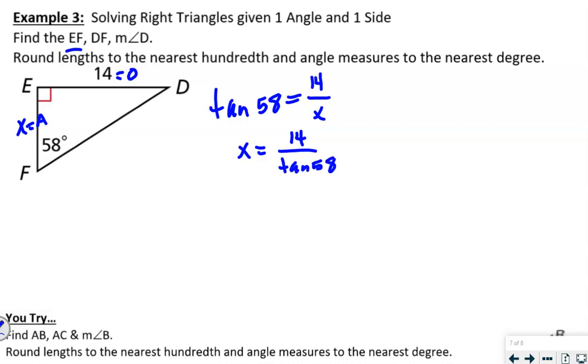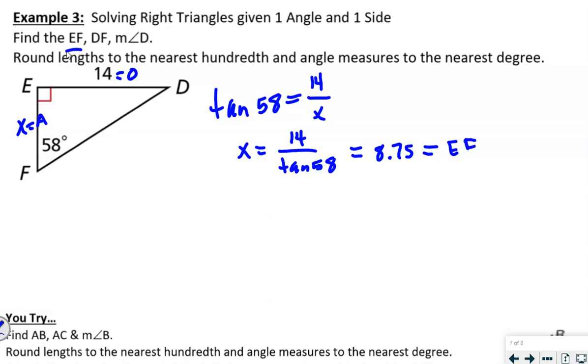You can do that right there in your calculator, and you get 8.75. So that is what EF is equal to.